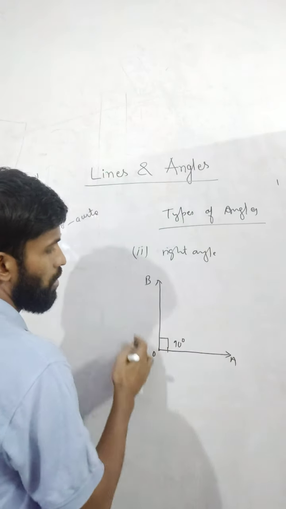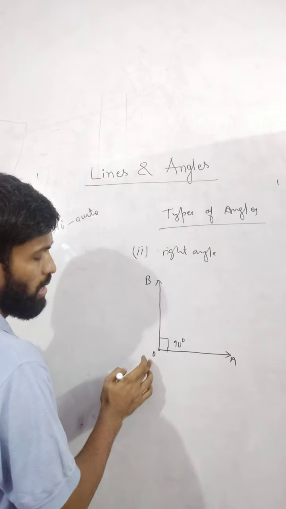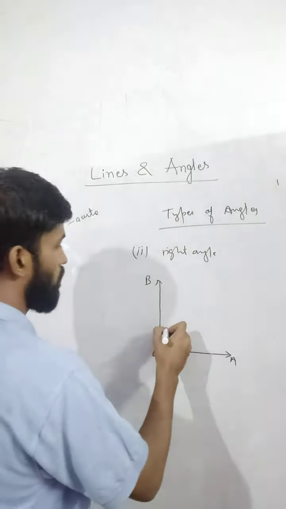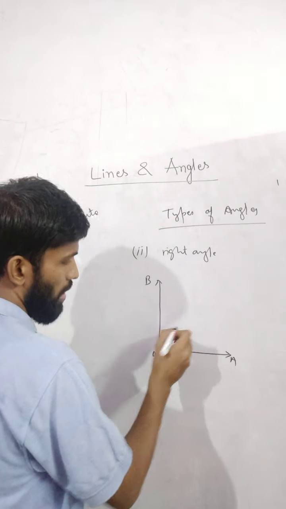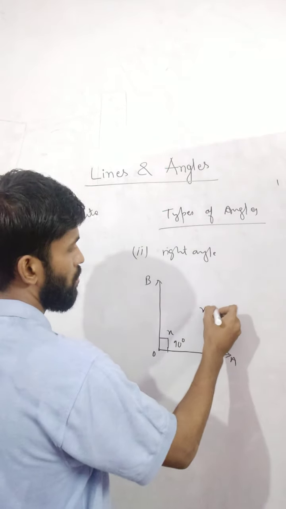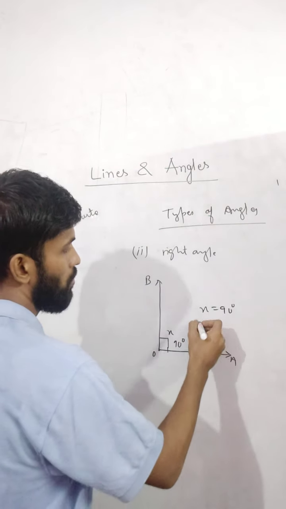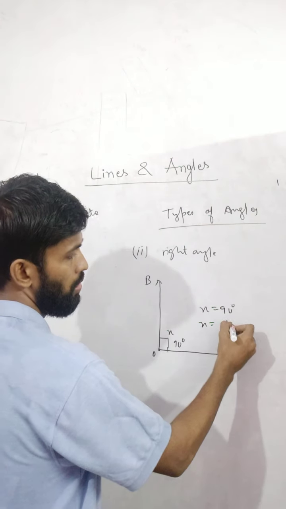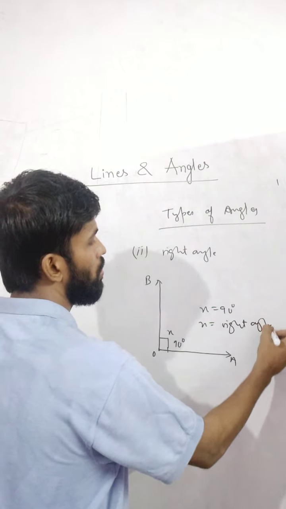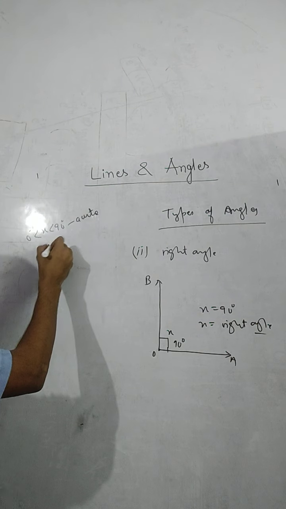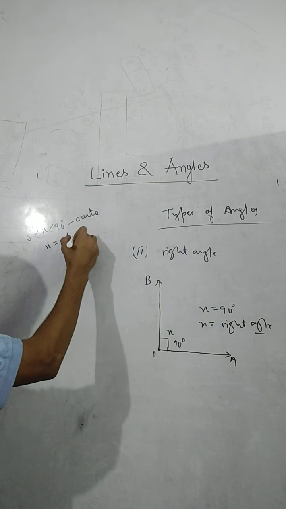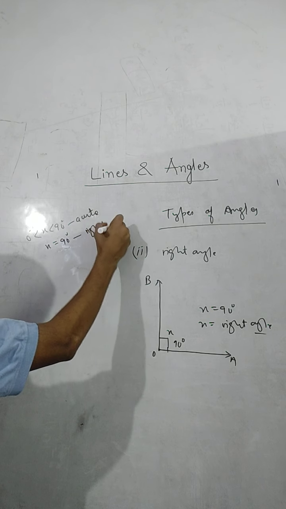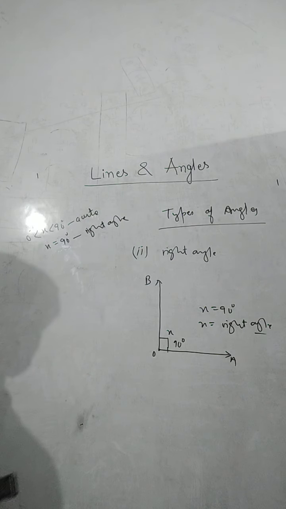Angle BOA or AOB, or simply angle O, is 90 degree. If I represent this as x, I would say x is equal to 90 degree, and therefore x is a right angle. So when x is exactly 90 degree, we call it a right angle.